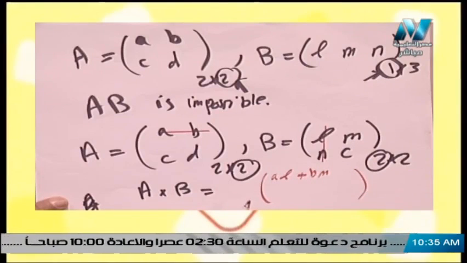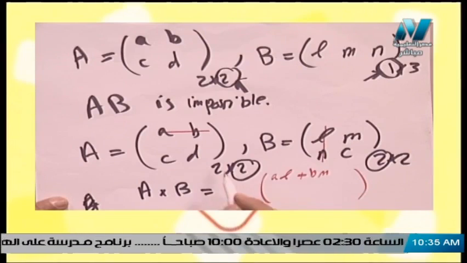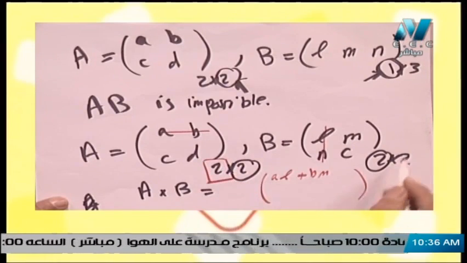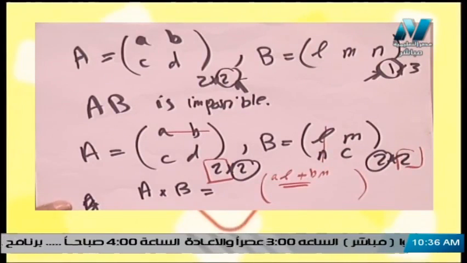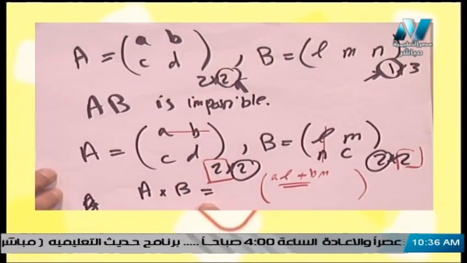And the resulting matrix will be 2 by 2 also. We have here the first one. So let's move to another example.